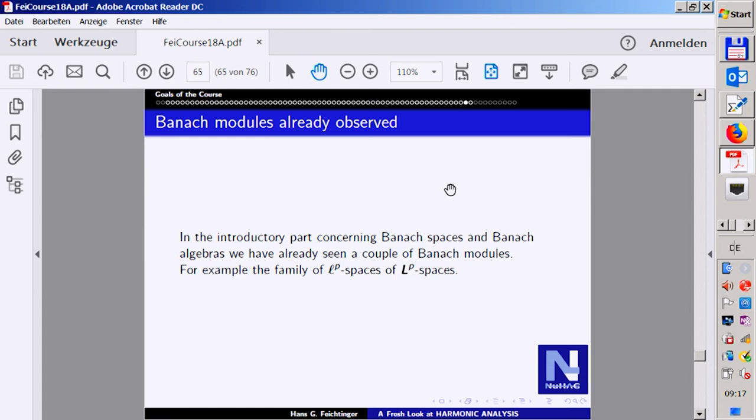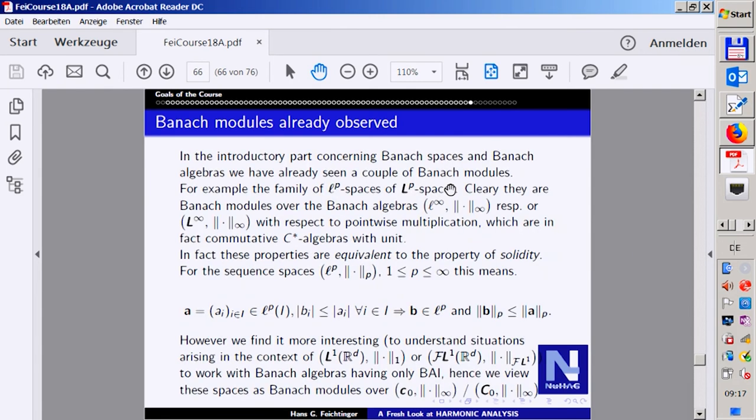So these are the subclasses that we have, and because we have seen LP spaces and other function spaces, let's mention that they are good examples. The first algebra that comes to mind for the discrete sequence space will be little l infinity. For LP space, it will be capital L infinity.